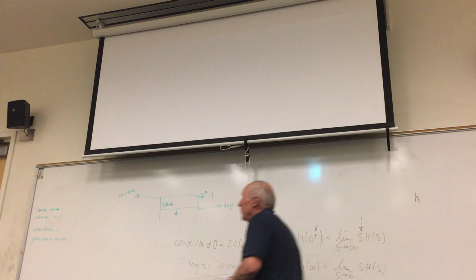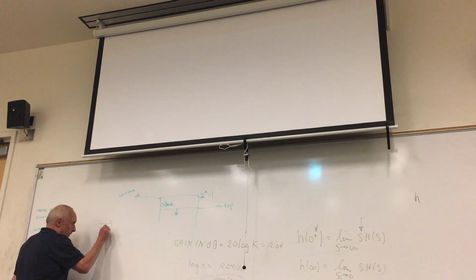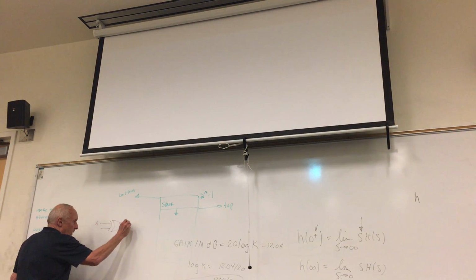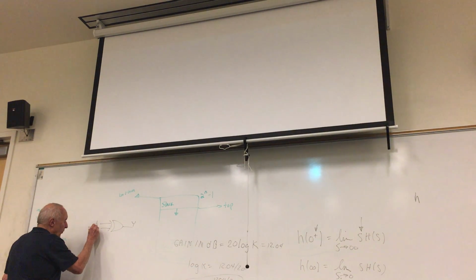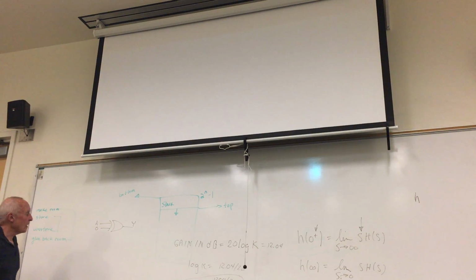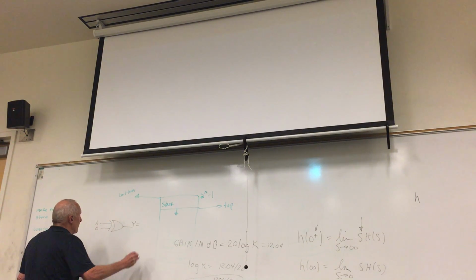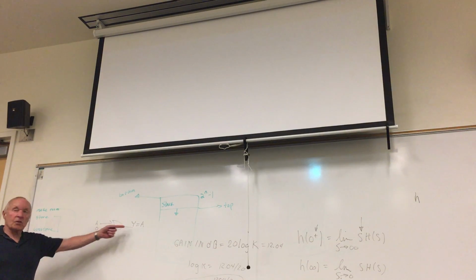Just as a quick review, if I make this input here a 0, then Y is going to equal A. Whatever A is, that is what Y is going to be.